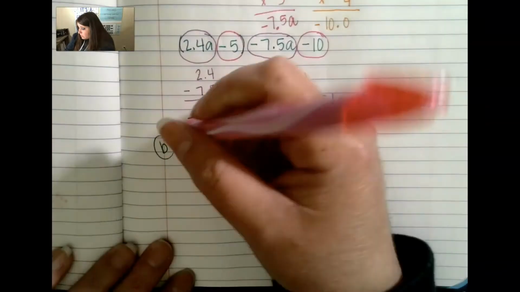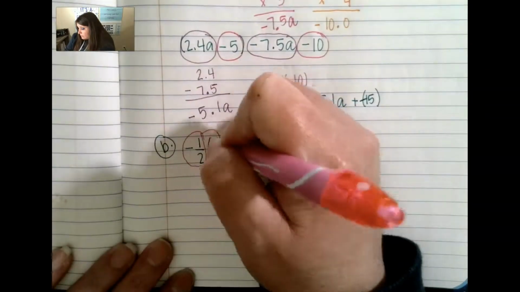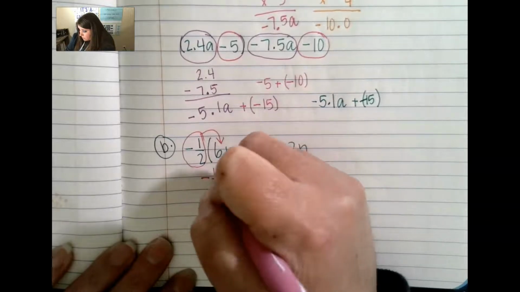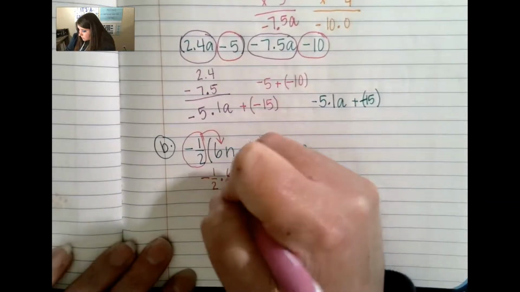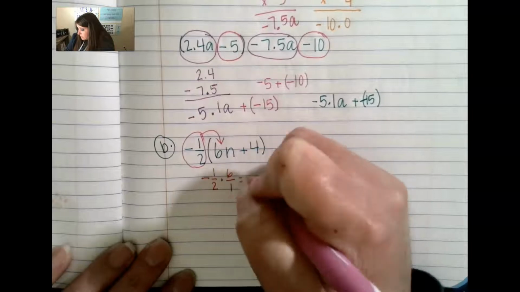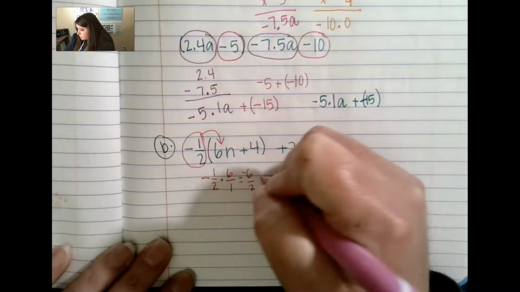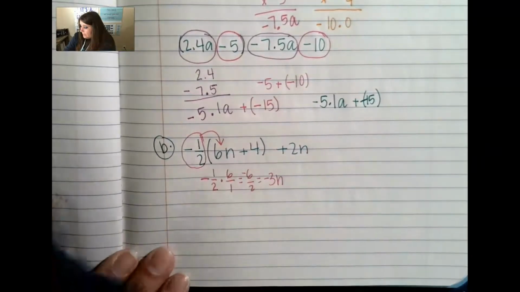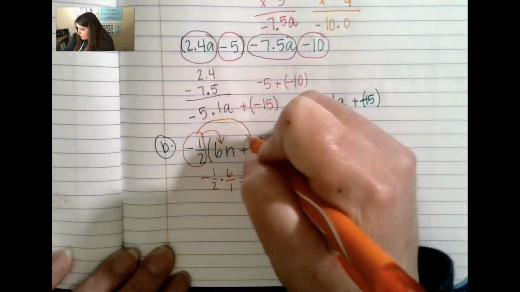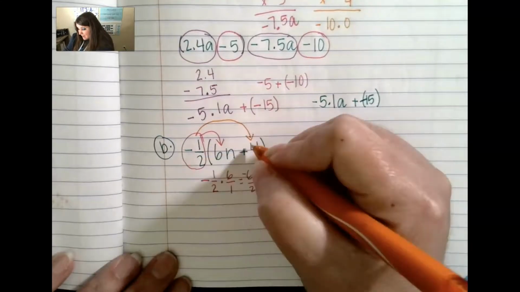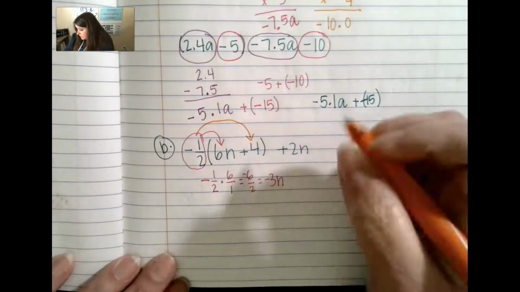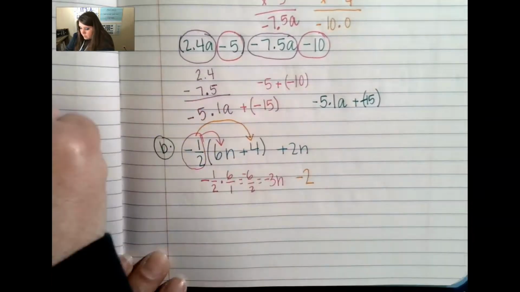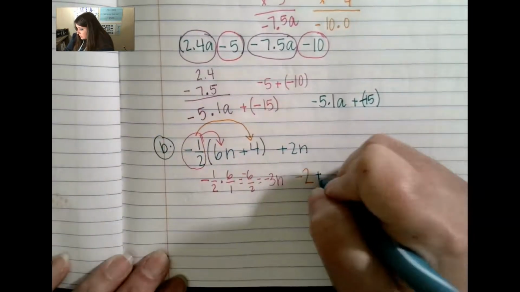All right, so distributive. Negative 1/2 times 6 is negative 1/2 times 6 over 1 equals 6 over 2, which is negative 3n. And then negative half of a 4 is going to give us negative 2, plus the rest of this, plus 2n.